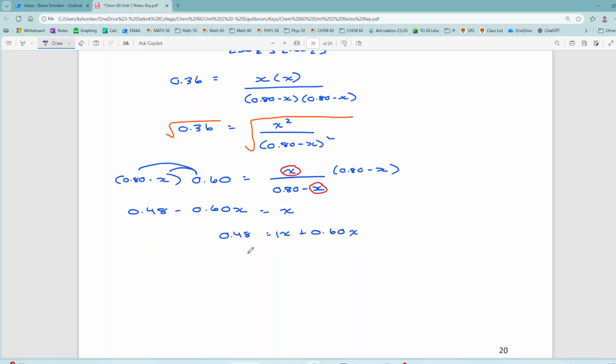And again, this is a 1, but it's not counted as precision or sig figs because it's a mole-to-mole ratio that's exact. So I'm going to say that this is 0.48 is equal to 1.60x. So now I can divide by 1.6, which gives me X is 0.30.